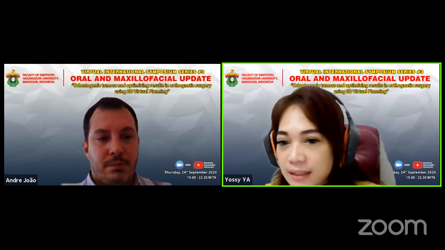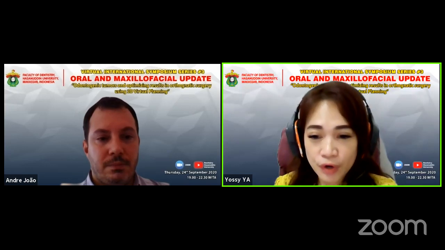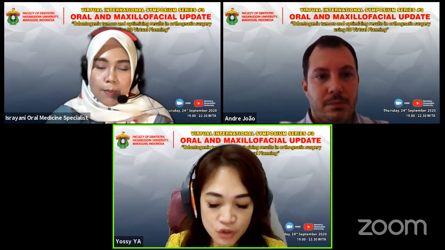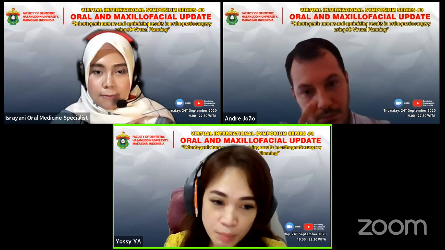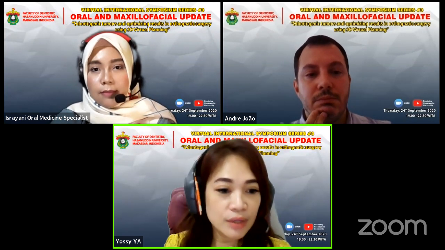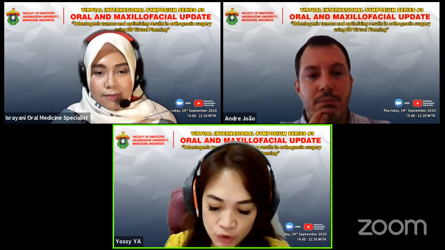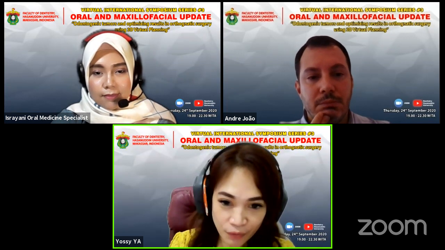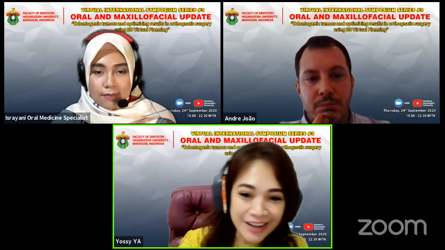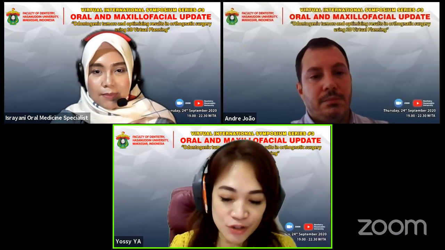So this 3D virtual planning can be used for optimizing result in orthognathic surgery, of course, because this allows the surgeon to anticipate, to plan, to simulate a virtual surgical procedure before undertaking real surgery, and even share the virtual result beforehand with the patient, as you said before, to increase their confidence and also satisfaction, and to be more sure if they want to take the orthognathic surgery for themselves.